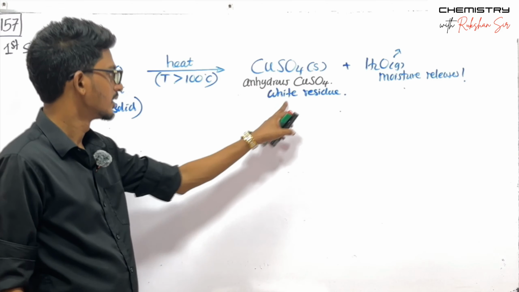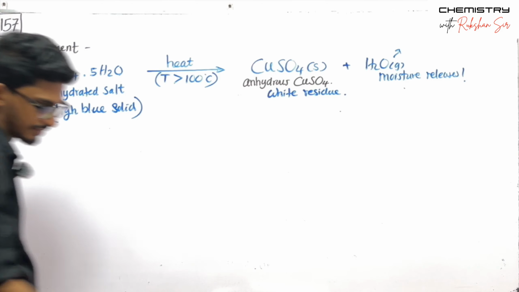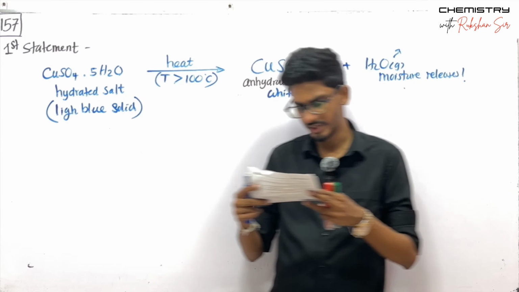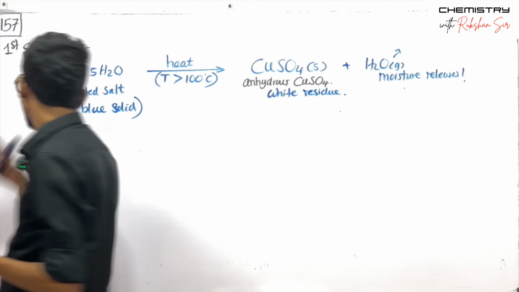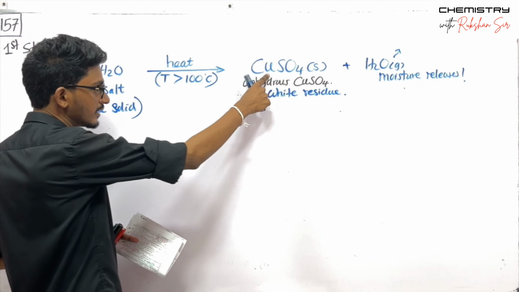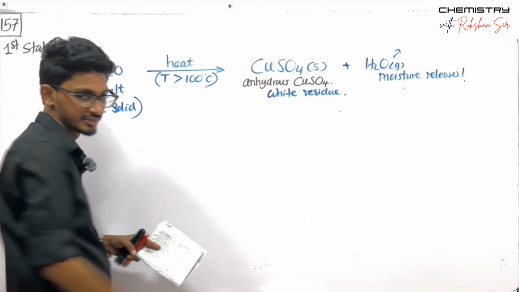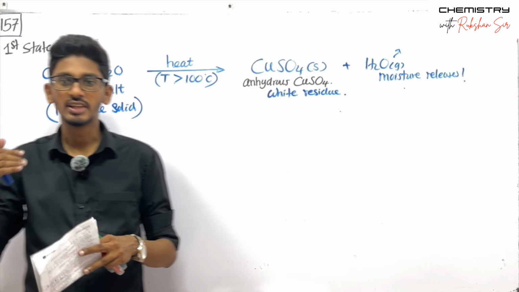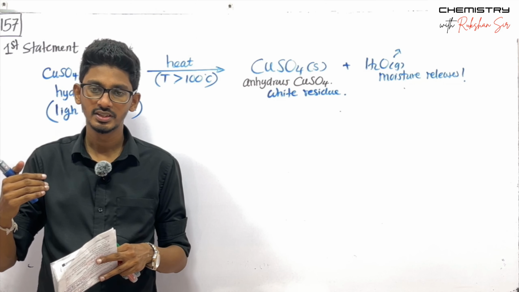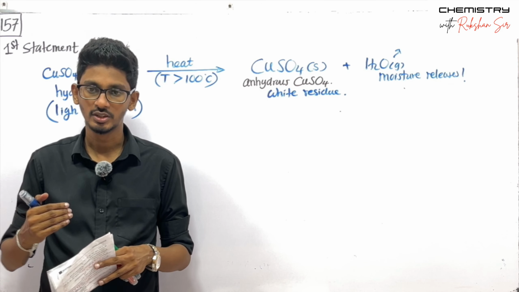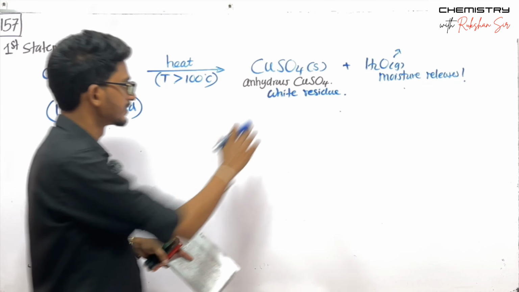Okay, so see the first statement. It says it turns colorless on heating. The statement is false. This is a solid, and solids are not referred to as colorless. A solid without a color means it is white, not colorless.